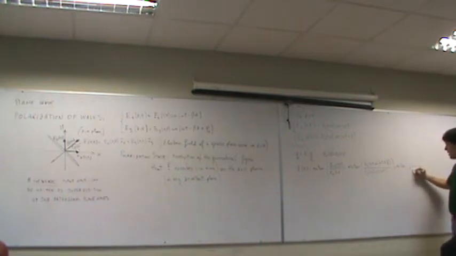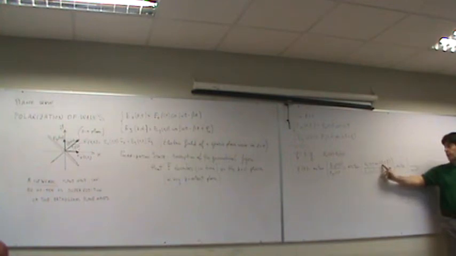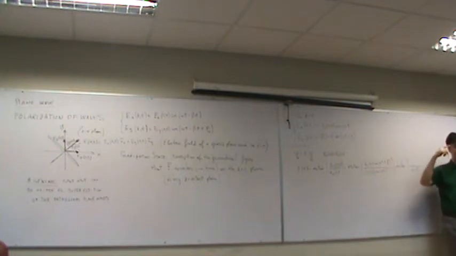And what we find here, if you remember that the cosine of omega t plus or minus 90 degrees is minus sine. This is minus sine divided by cosine, which is tangent.